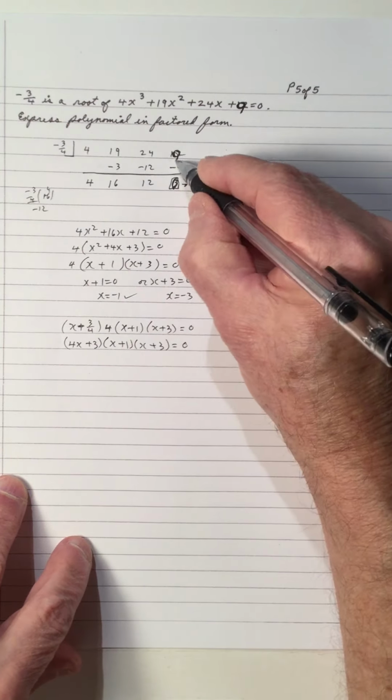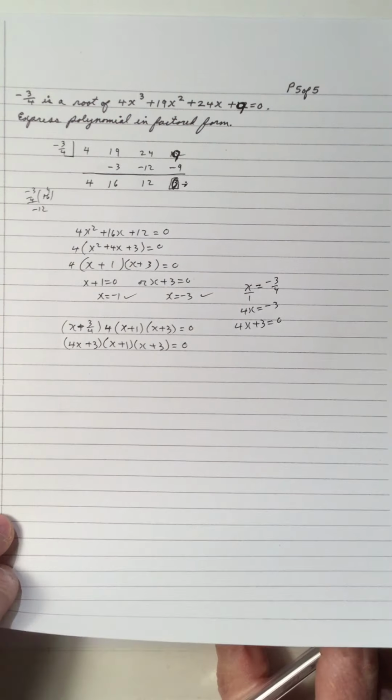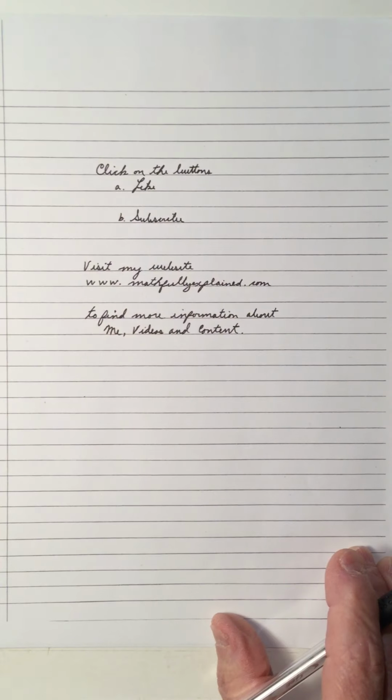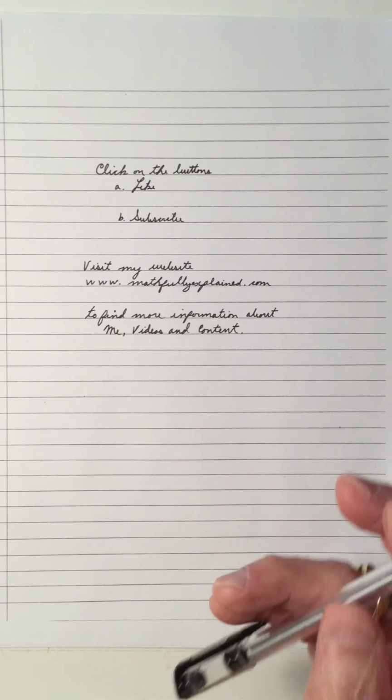So sorry for that little mistake there with the 9. And so that's what we call the rational root theorem. And rational means fractions. So you could have integers and fractions, because it's the factors of p divided by the factors of q.